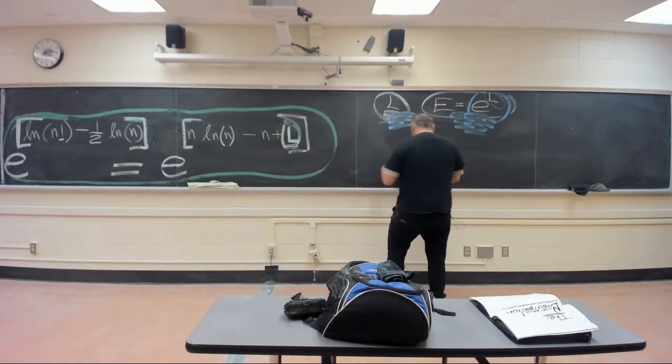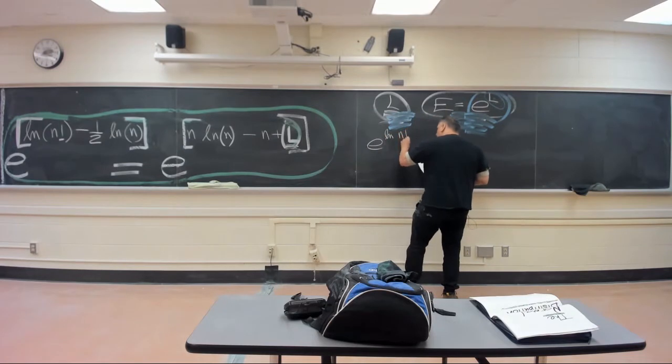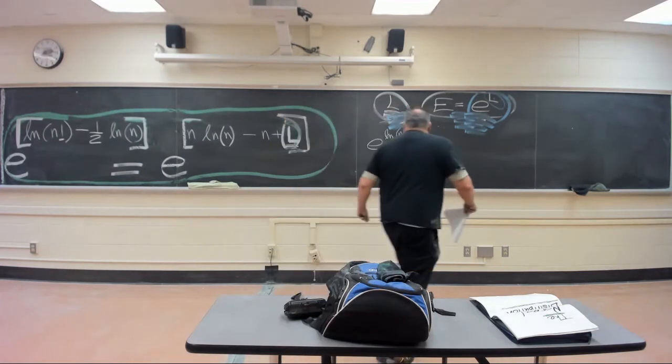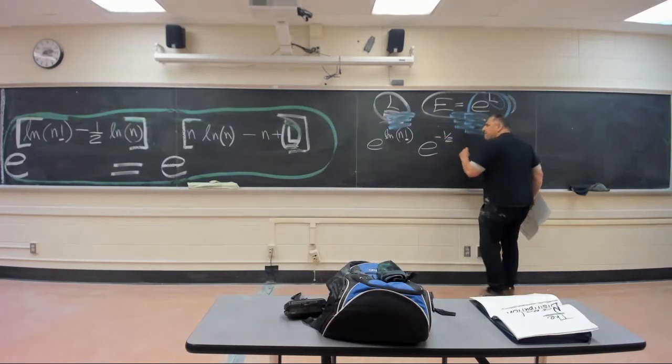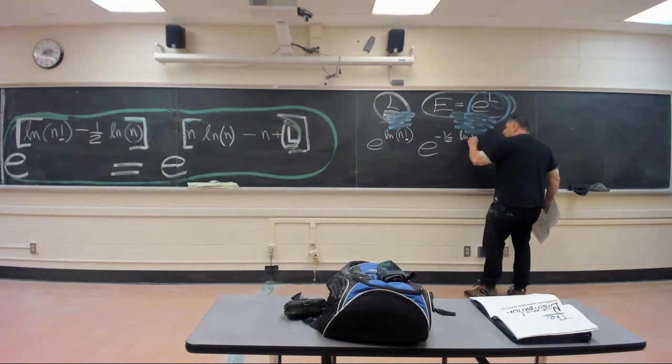You basically get e to the ln n factorial times e to the negative a half ln n.